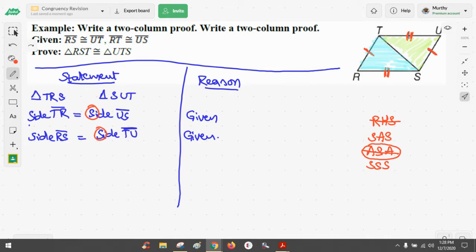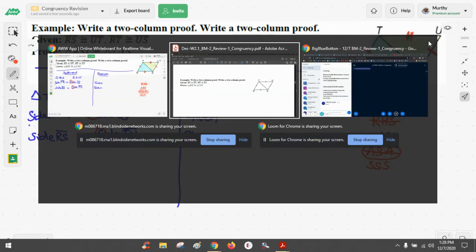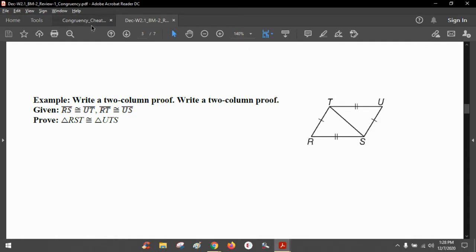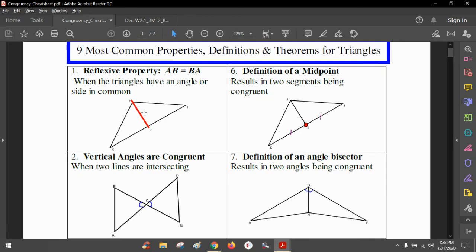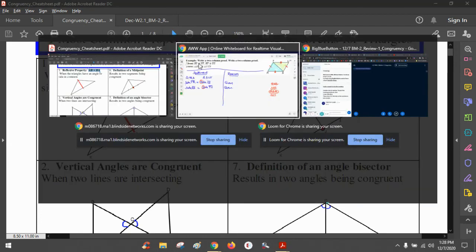So just now I shared with you that you please look for something common. You look at the first diagram, I see that both the triangles are together. And I see that there is a common side, like you can see AB and BA. Then we call this a reflexive property.